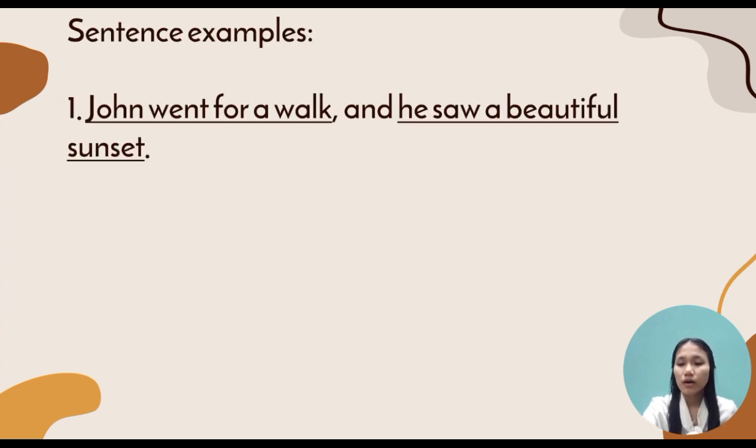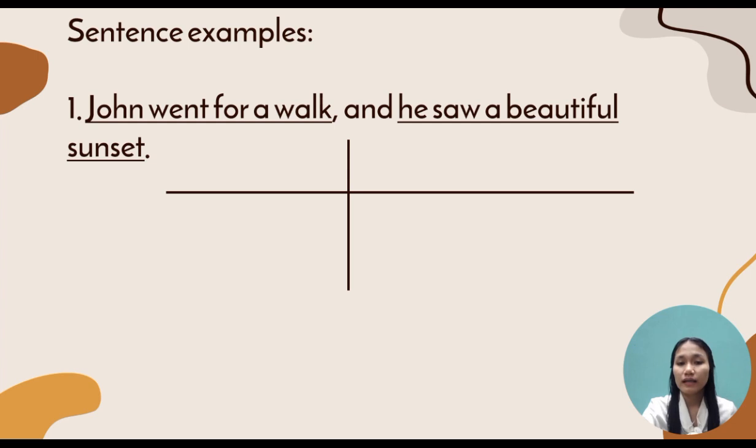So I have here an example. First is, John went for a walk and he saw a beautiful sunset. It expresses a complete thought. So again, in writing our subject and our verb, we are going to draw a vertical and horizontal line.